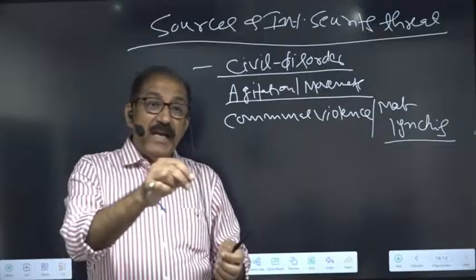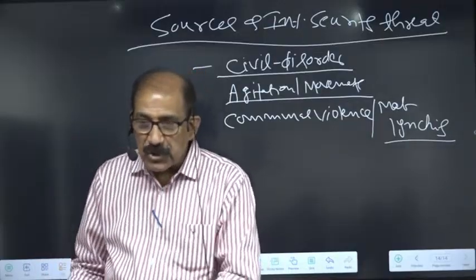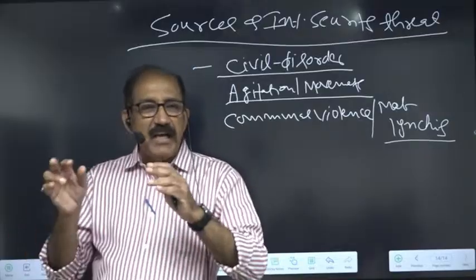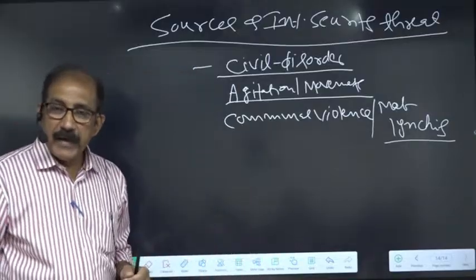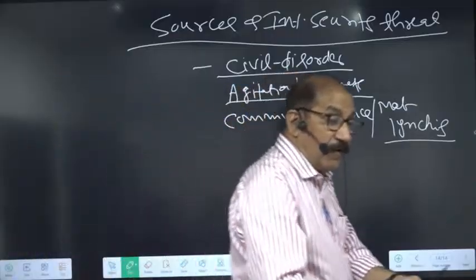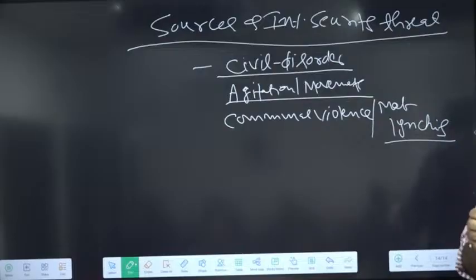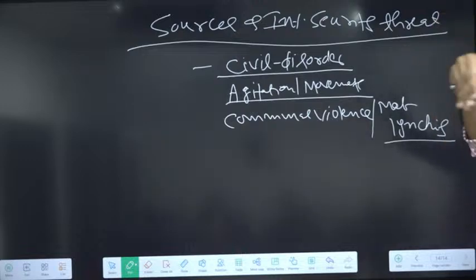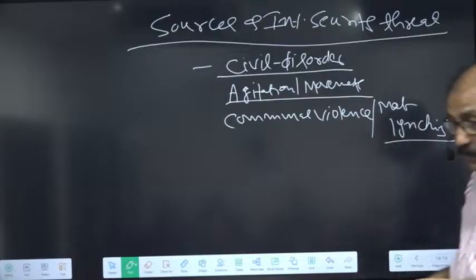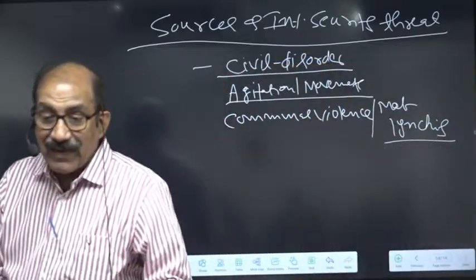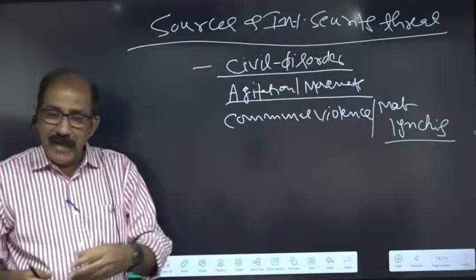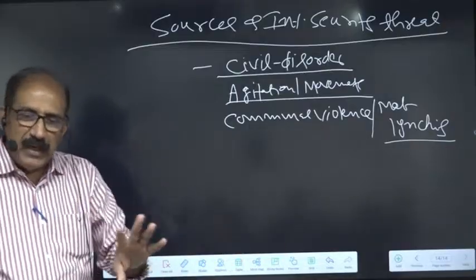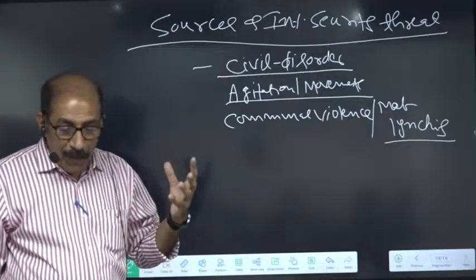You consider him to be a child lifter, so kill him. Or you are taking your cattle to sell in the market and you are taken as a cattle smuggler, smuggling it to Bangladesh or Pakistan. This has happened many times, and you would be lynched. So communal violence, mob lynching.